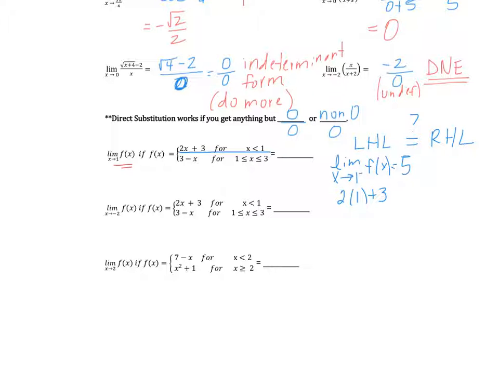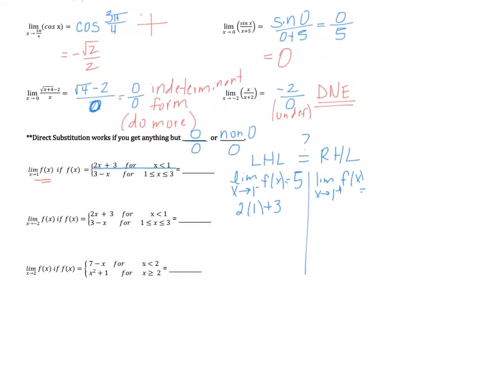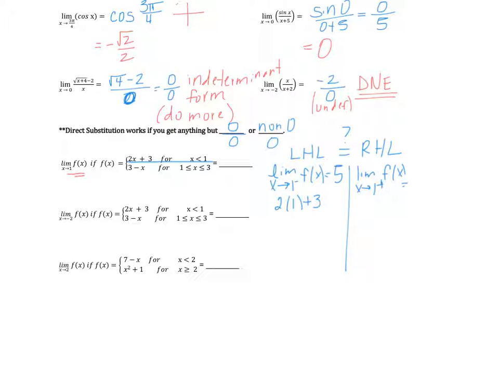Now the limit from the right, as x approaches 1 from the right of f of x, is going to be equal to me plugging 1 into 3 minus 1, and that gives me 2.